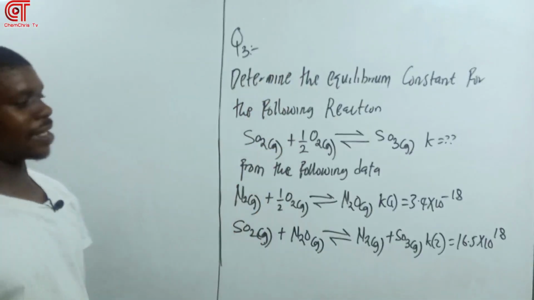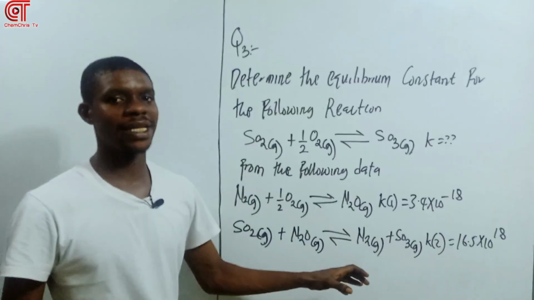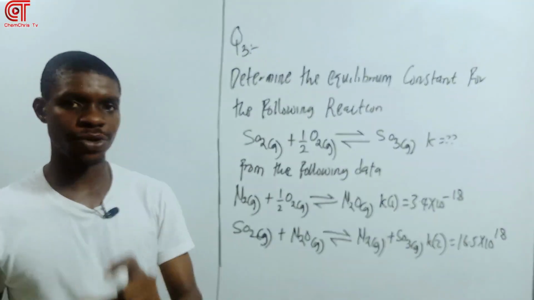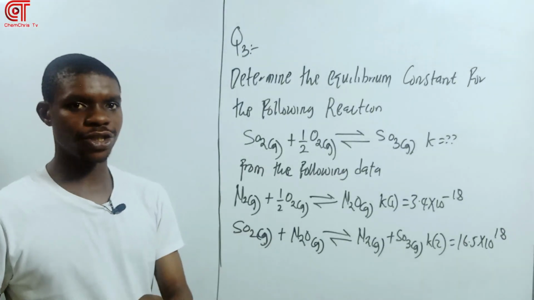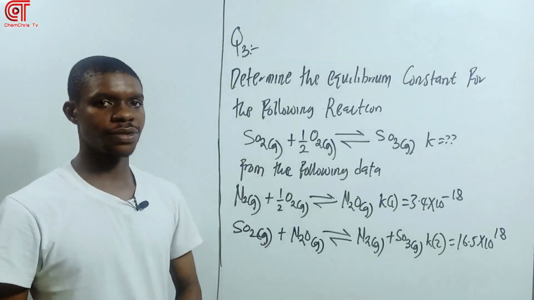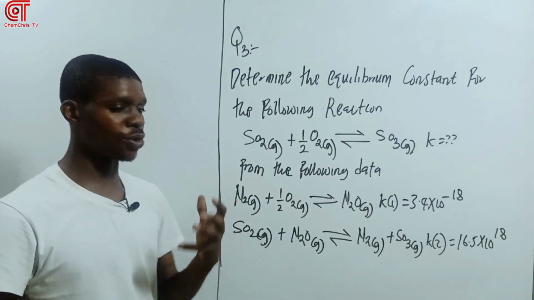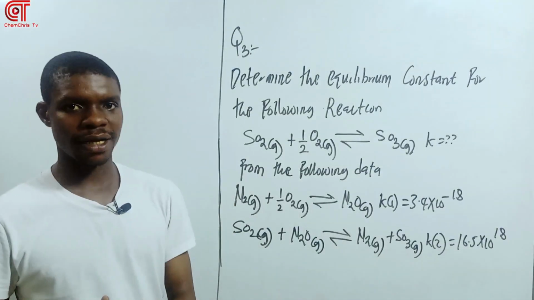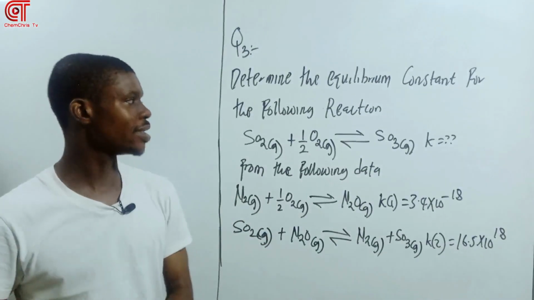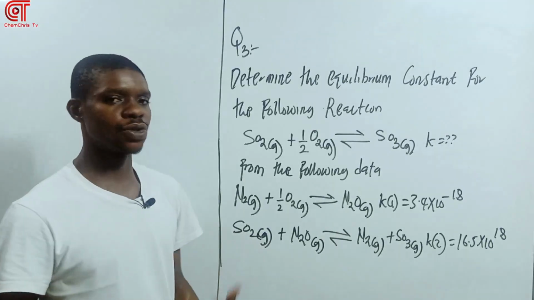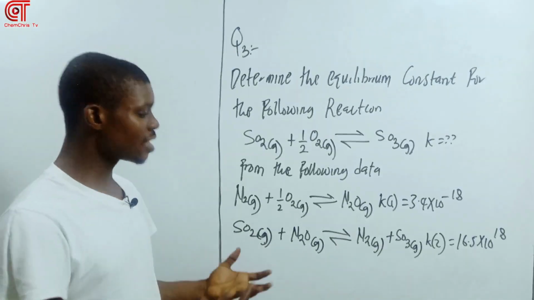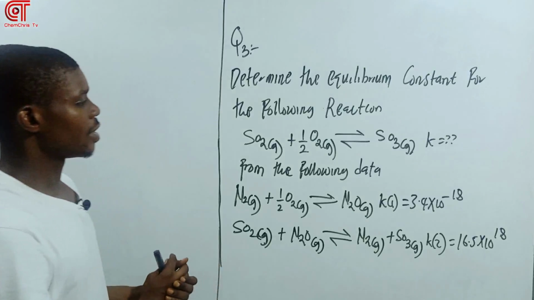So now let's look at this problem here. This problem is a typical exam question, so you really want to pay close attention to it. These are questions you should master because you want to see them in the exam. It's just like the one we have done, but it's a little bit more complex.